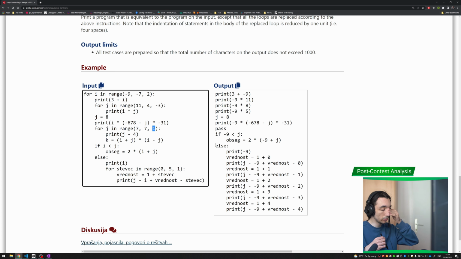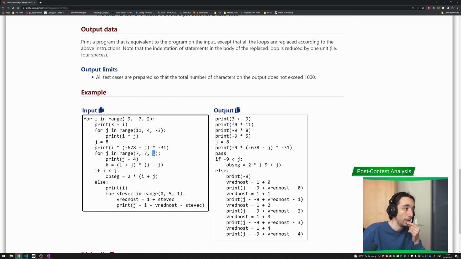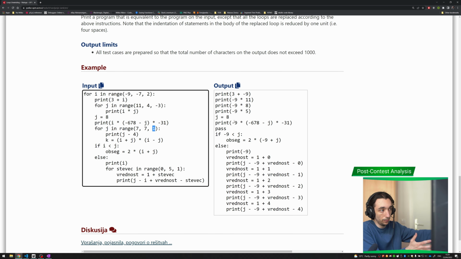What is to see about this problem is that it's not a straightforward tokenizer and parser problem. If it was, you would do a tokenizer, send these tokens to some kind of parser, and it will build a tree structure, and then you would evaluate this tree structure or do some other things.